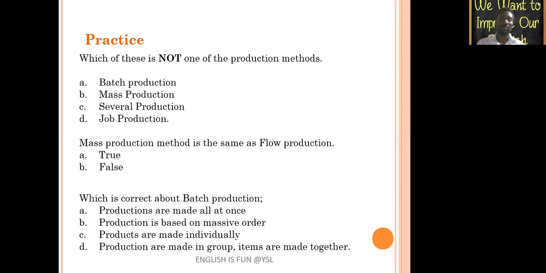Which will be the correct answer? The right answer is option D. In batch production, productions are made in groups, and the items are made together in batches. Don't forget, we're talking about 50 loaves of white bread and 50 loaves of chocolate bread.